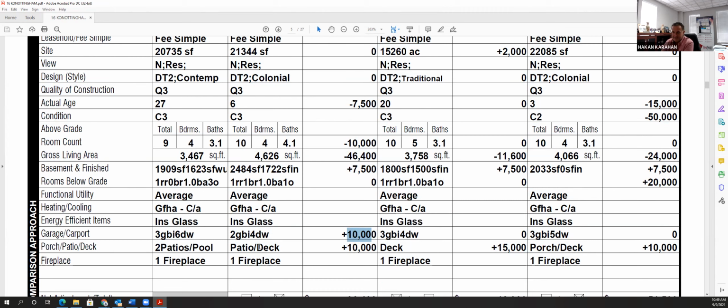2 patios and a pool, patio deck. So for that pool, they got $10,000 difference. It would probably cost about $90,000 to build that pool. They only get $10,000. In here, because it doesn't have the patios, they get $15,000 extra.